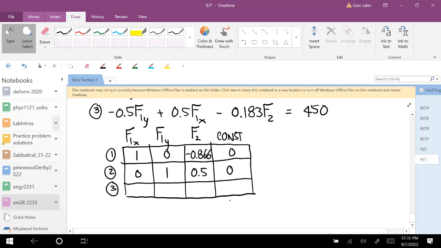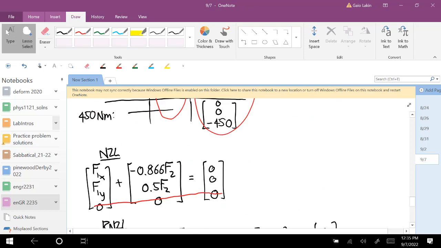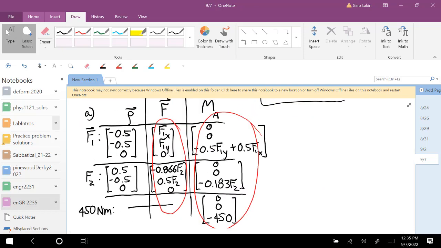And the last one, F1x has a coefficient of 0.5, F1y has a coefficient of negative 0.5, F2 has a coefficient of negative 0.183, and the constant is 450. So that's 0.5 times 0.5 F2 minus 0.5 times 0.866 F2.